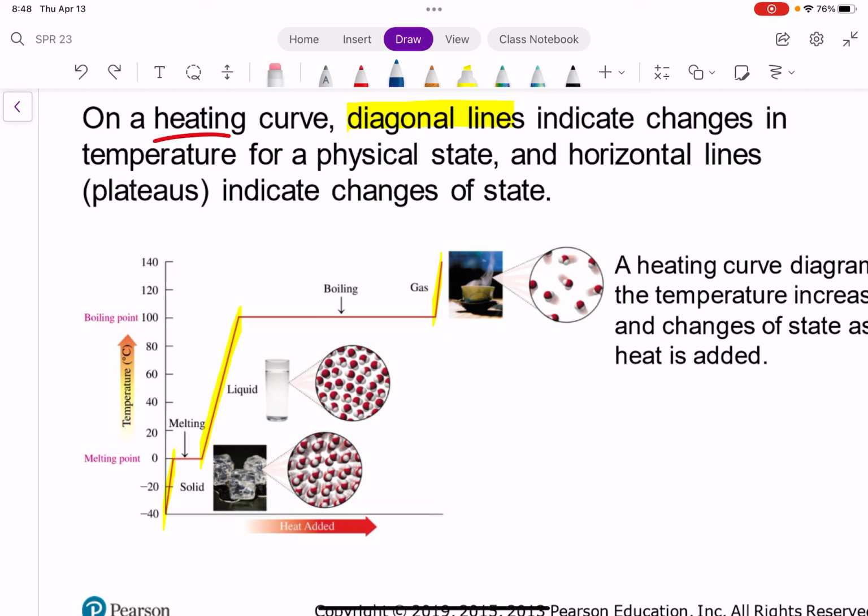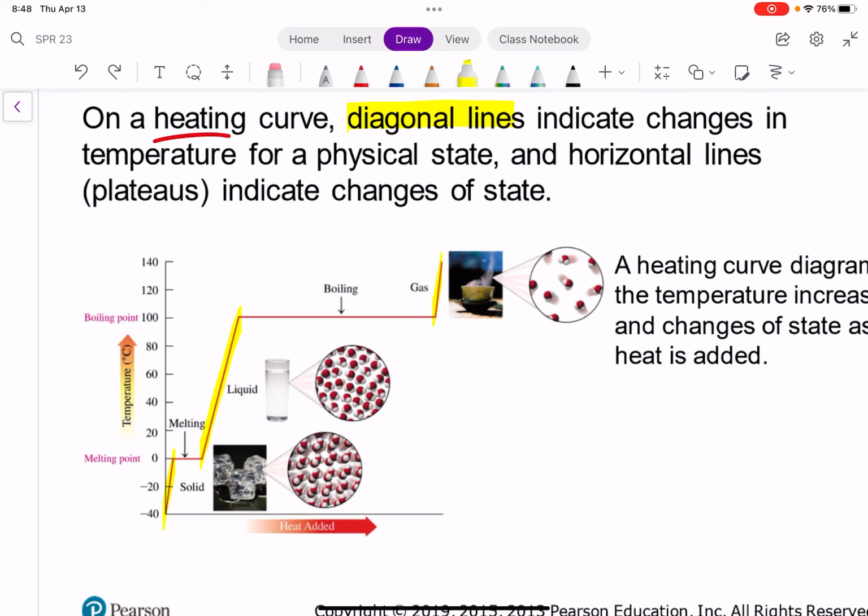We're adding some heat to our solid, and it's getting closer and closer to a temperature of 0 degrees Celsius. And at 0 degrees Celsius, it starts melting, right? What is melting? Melting is going from solid to liquid.